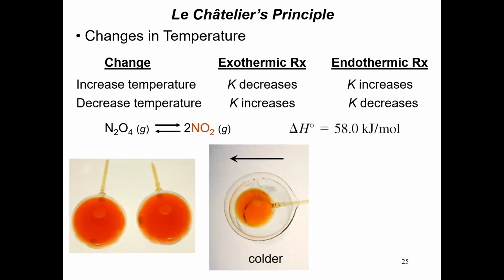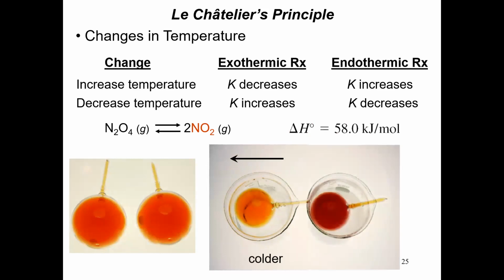If you remove heat from it, get it colder, it'll change back to the other one. If you make it hotter, it'll go to the right. So adding heat to it will cause it to go the other way.